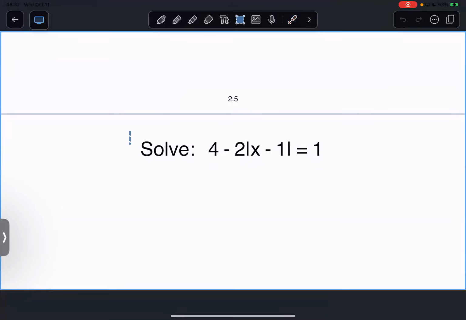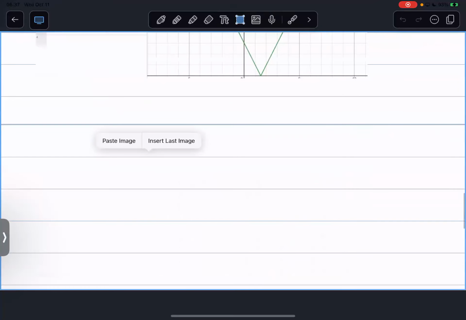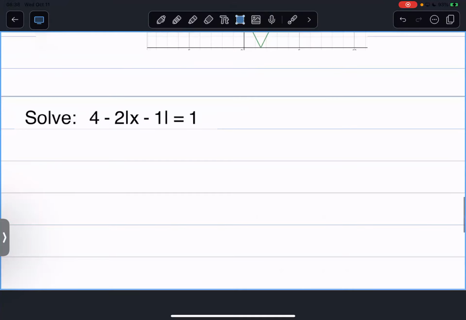How about another? What if we have to solve 4 minus 2 times the absolute value of x minus 1 is equal to 1? Because it's just the absolute value function that behaves kind of differently, like it takes a negative value and it returns a positive.